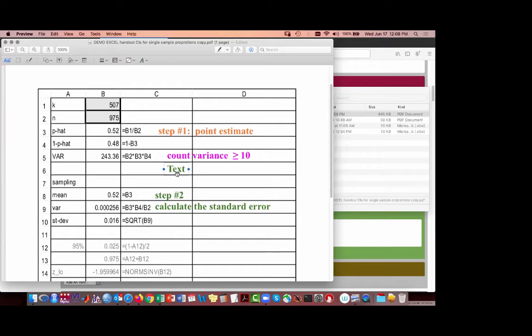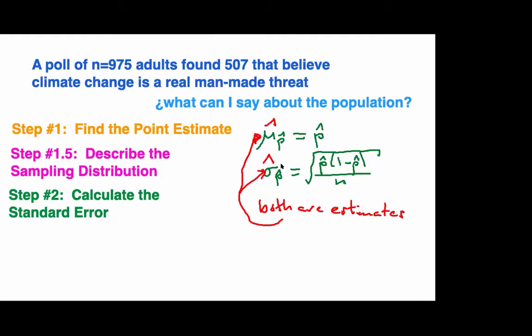I'll reiterate that: the standard deviation for the sampling distribution equals the standard error. So that value is 0.016. If I come back to the whiteboard, I can plug that number in. So this value we just calculated is 0.016.